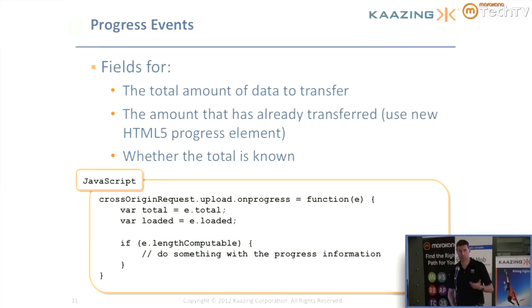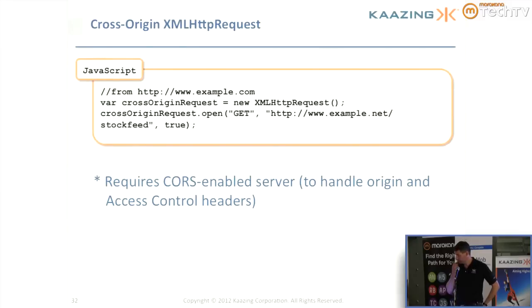The way you would use them would be something like building a status bar of how much you have uploaded or downloaded. So if you do an XHR get or post, you can monitor how much of that data has come to you and compute how much of it already has been loaded. I have an example of that later.